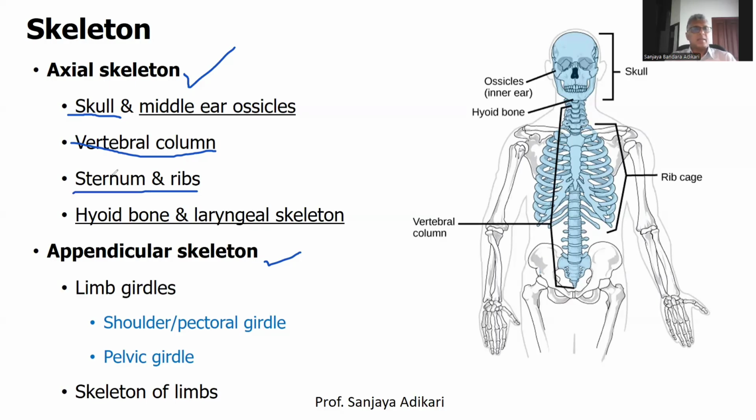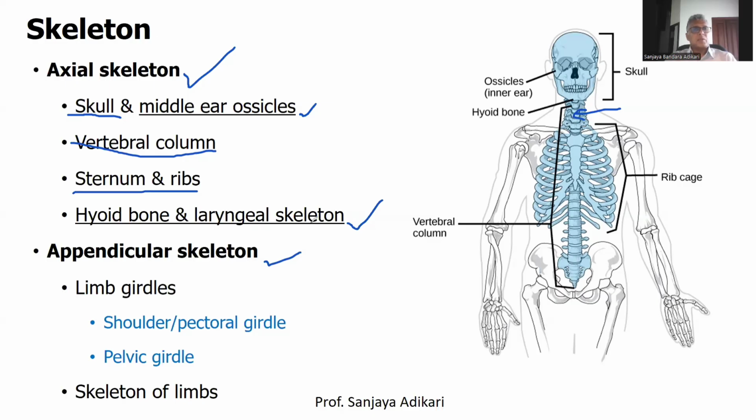But other than that, remember, with the skull, the middle ear ossicles are included, and with the sternum, the laryngeal skeleton and hyoid bone, which are central structures here, are also included in the axial skeleton. Even though they are not the main components, for MCQ purposes, if it comes as components of the axial skeleton, it's not wrong.